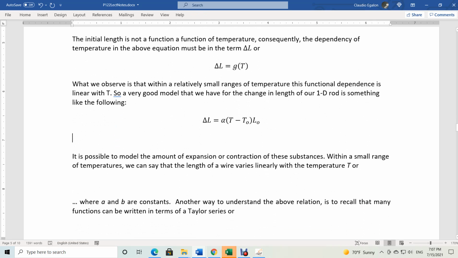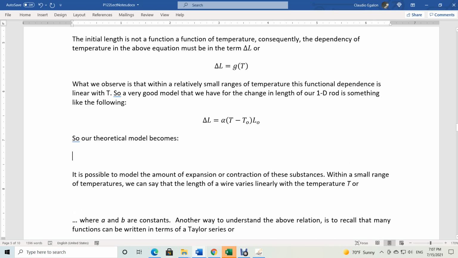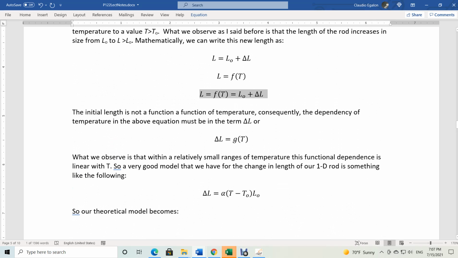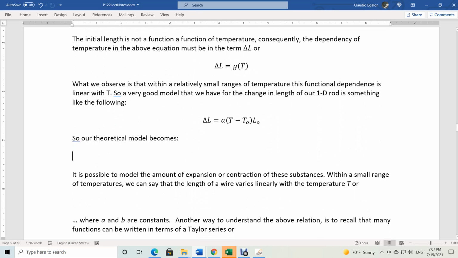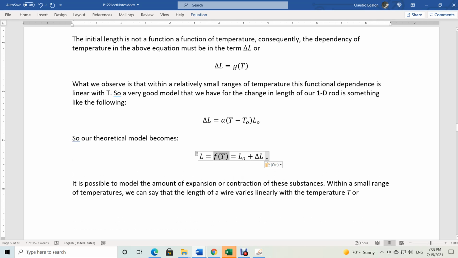So our theoretical model becomes L equal to L naught plus alpha (T minus T naught) L naught.